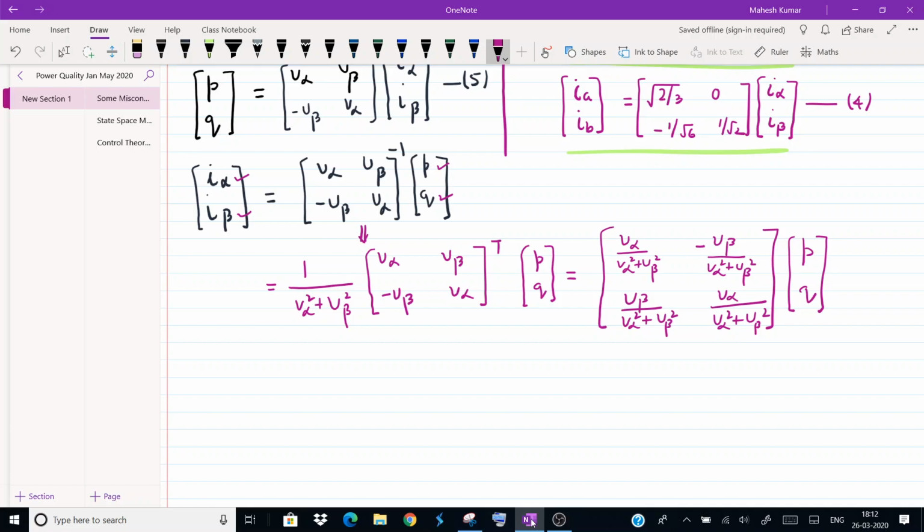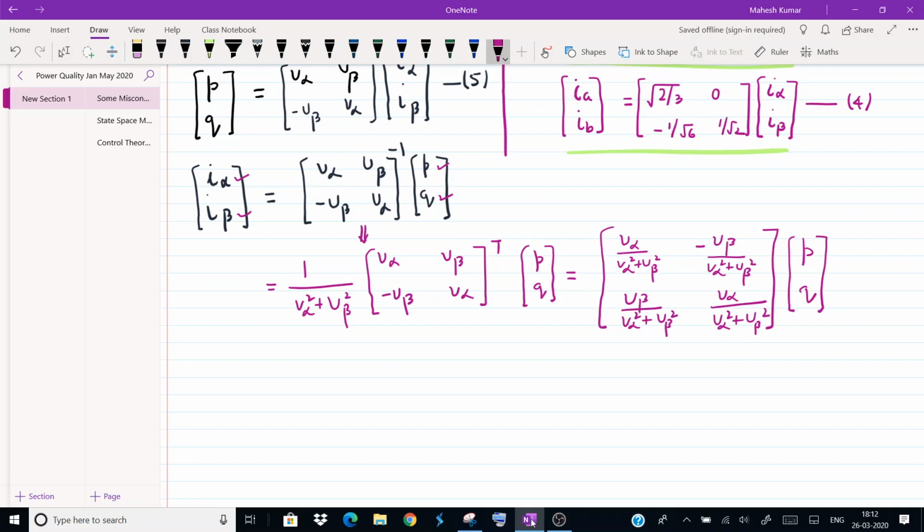Correct? Now this gives the idea that if I multiply this row with this column, I will get two components and their addition. Similarly, two components for this, as if there are two components of current.